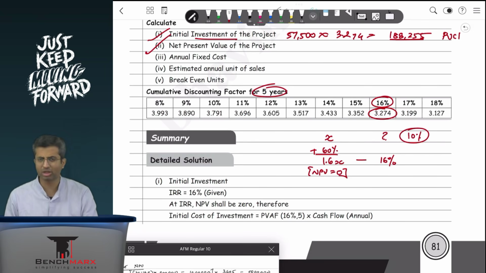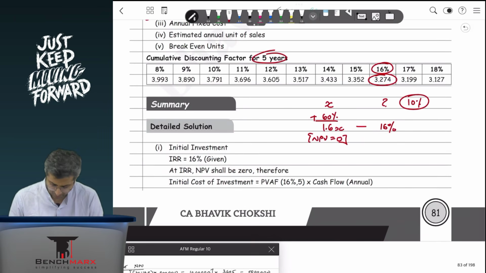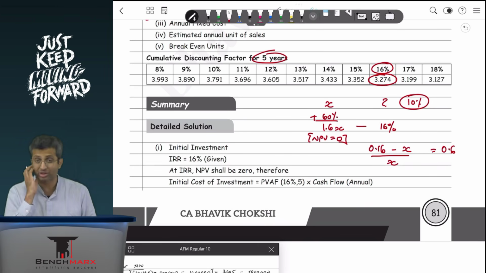You can do it alternatively as well, where you say that 16 is the rate at which NPV is 0, minus x, upon x. So this is 0.16 minus x upon x equals 60%, that is 0.6. This is your sensitivity. In which case, if you calculate x, you will ideally get x as 10%.